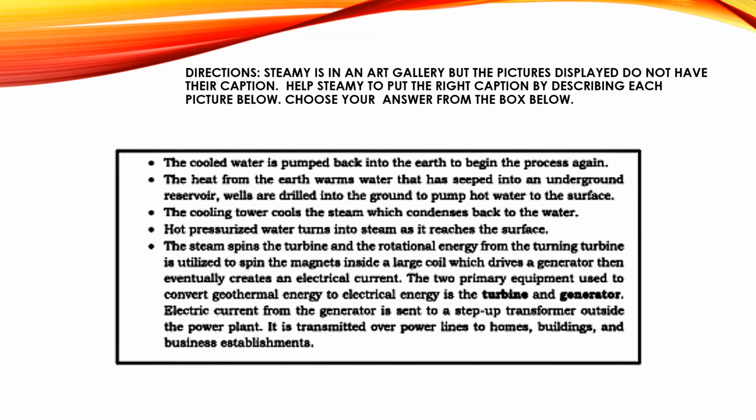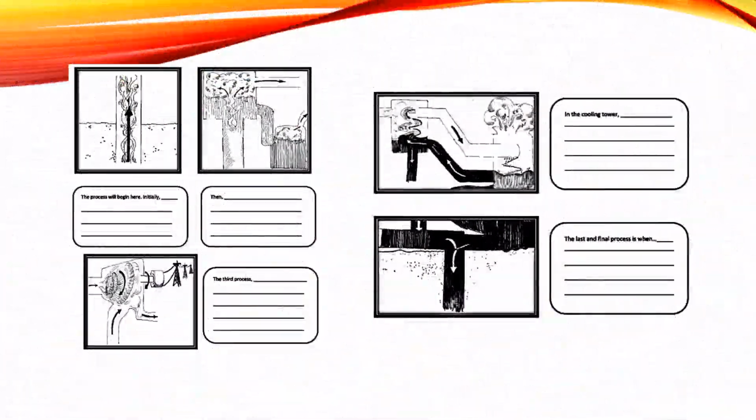Help Steamy put the right caption by describing each picture below. Choose your answer from the box below. Using the caption in the box, you will choose the caption for the appropriate illustration.